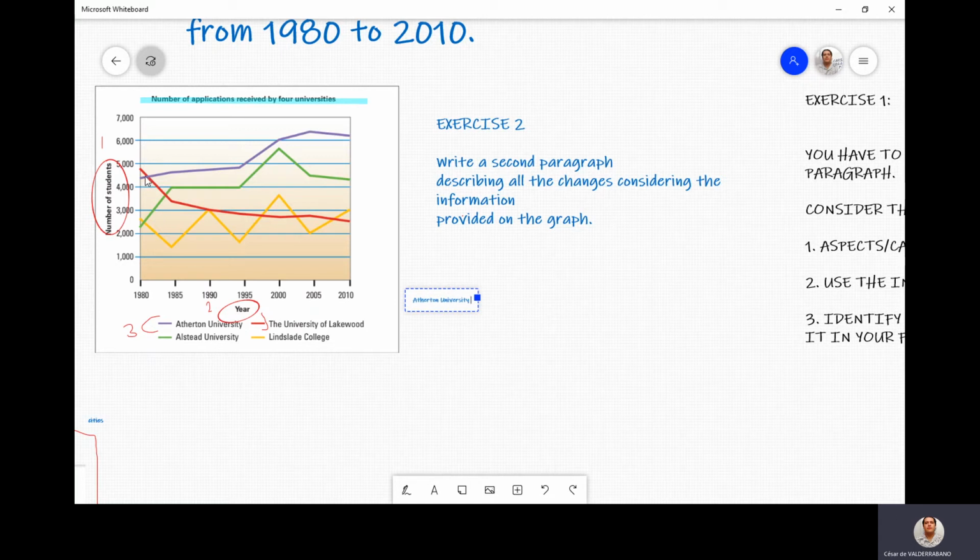And of course, you can see that in 1980 the number of applications started, let me put it here.